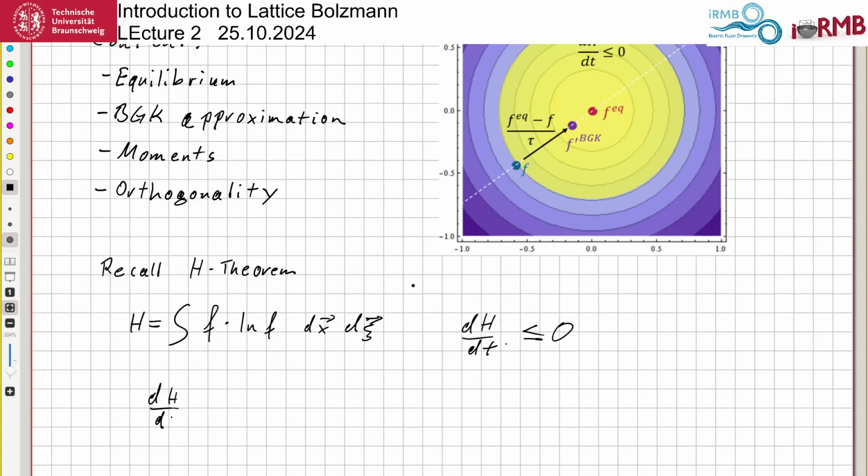We know it's going one way, and it will obviously stop when it no longer changes. So if d ether by dt is 0, then nothing changes anymore. And this is the equilibrium.